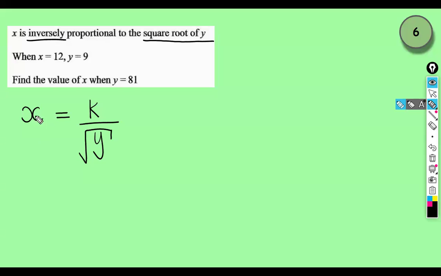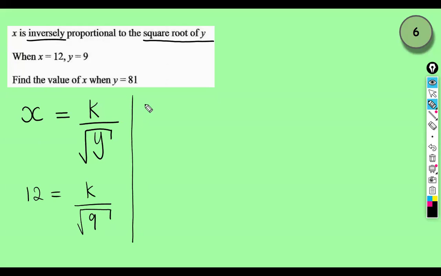So x is 12, and the formula says the square root of y, but y is 9. Okay? So let's see what happens here.